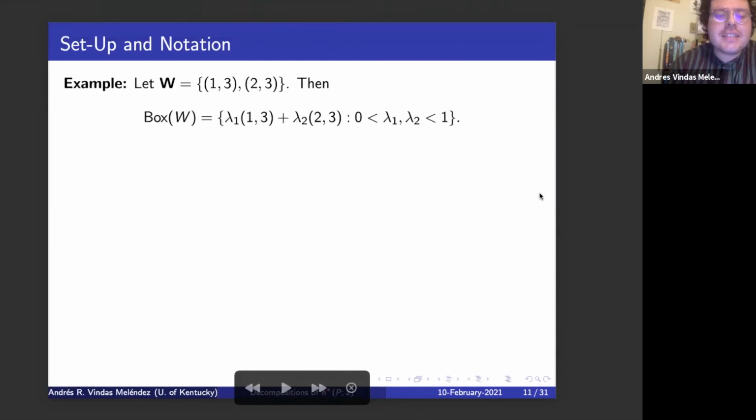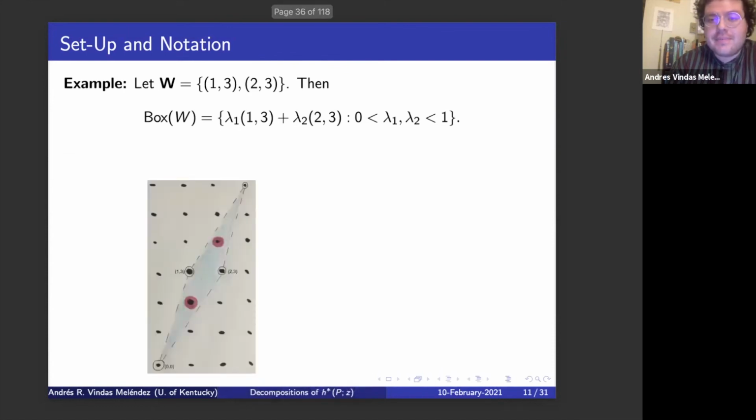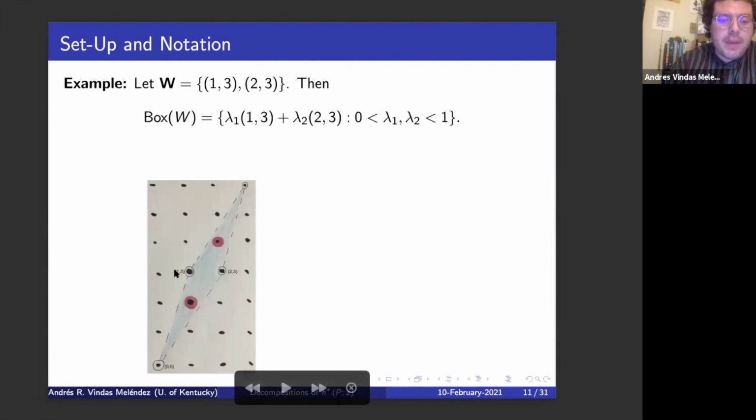And so let's let W just be (1,3) and (2,3). Okay. So then my box should be of this form. Well, what does that look like? It looks like this. Okay. And so it's an open box, and so I don't care about the things on the boundaries, right?